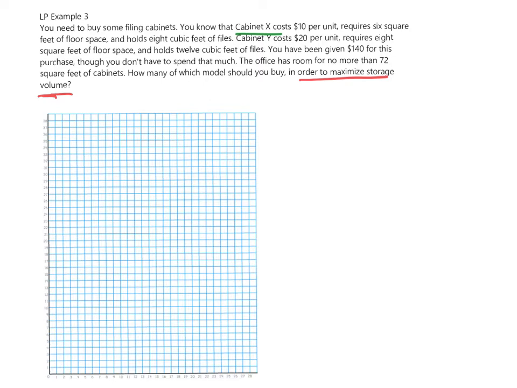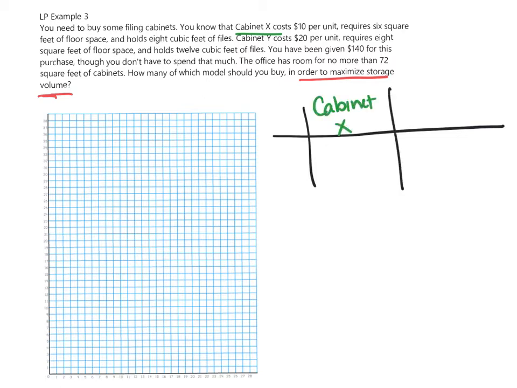I'm going to make a table for this again to help me organize this. So I have cabinet X here. Then I have cabinet Y. It's the other variable.